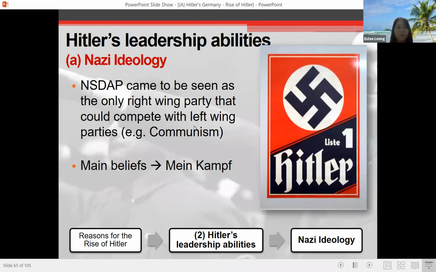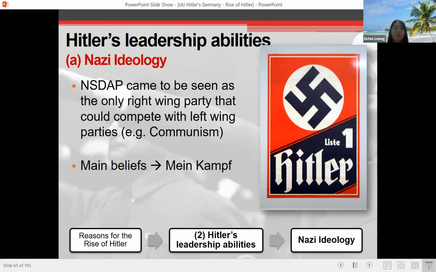This is what I said last lesson, which is that the Nazi Party came to be seen as the only right-wing party that could compete with left-wing parties, right? Remember, because of the political and economic circumstances in Germany at that point in time, moderate parties became increasingly unpopular.